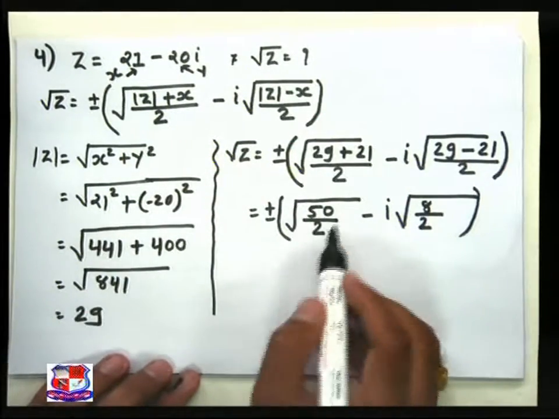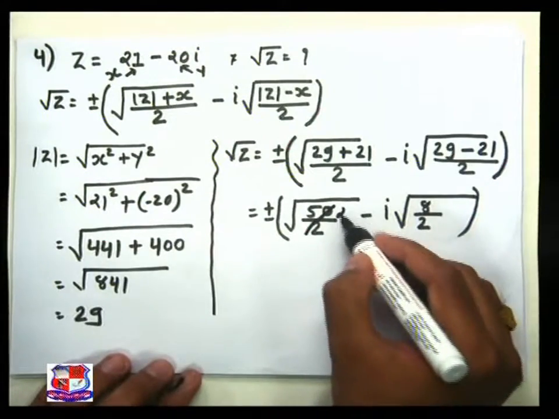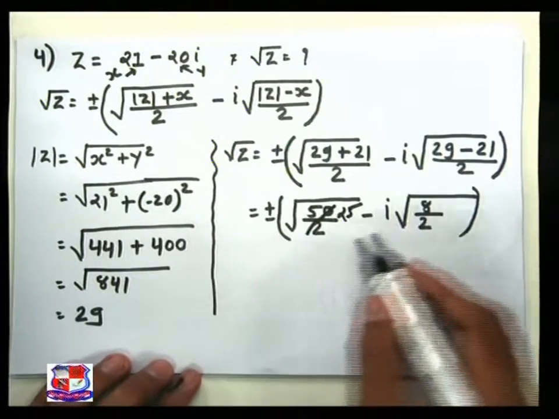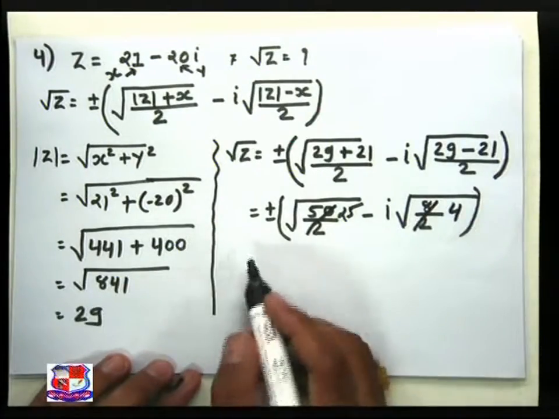Now we simplify: 50 divided by 2 is 25, and 8 divided by 2 is 4.